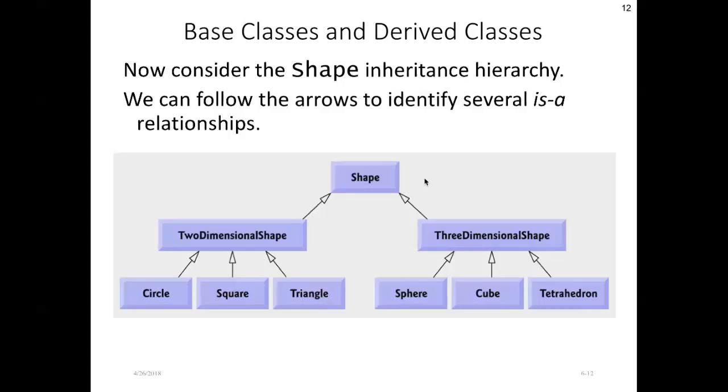Let us think that length and width are variables, fields, and area is a method. So a square should have a width, and a square should have an area, and then a circle has an area, and then a triangle has an area.